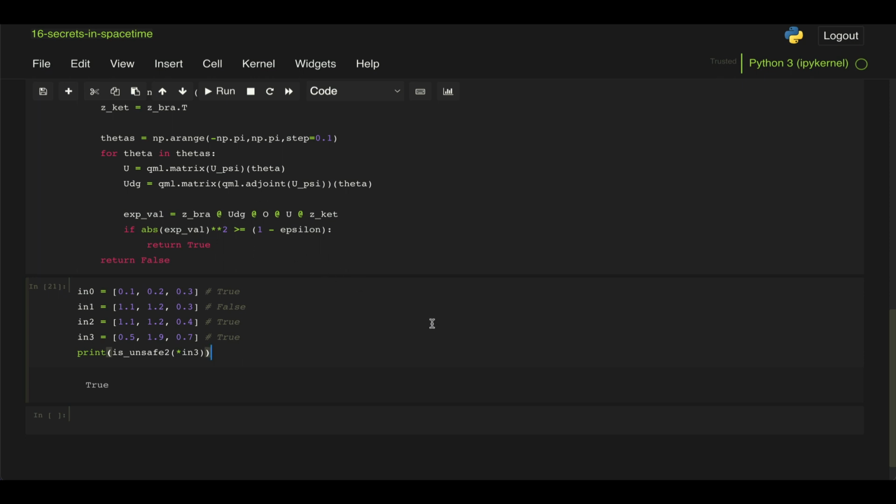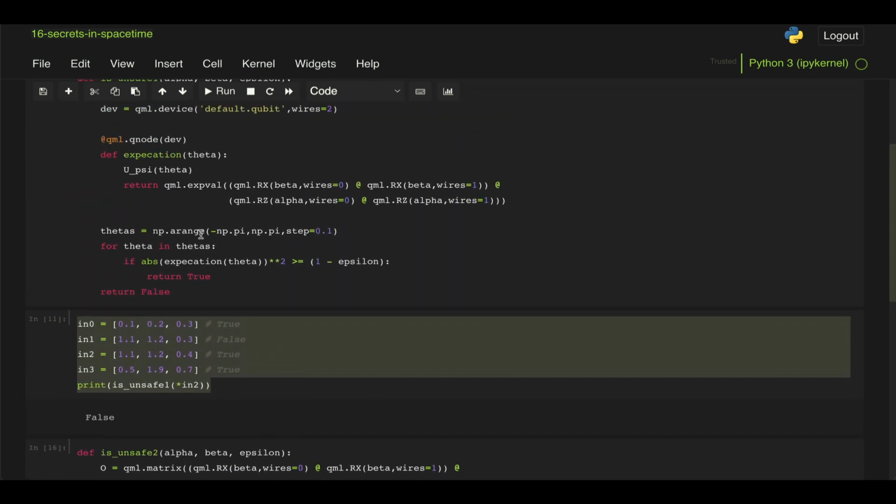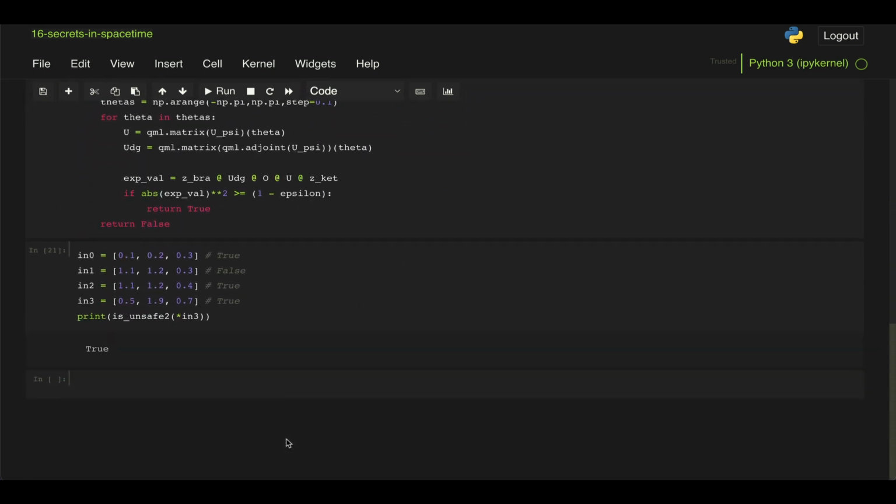Now, just to show you the difference between what we're computing here, which includes the expectation value of an operator that might not be Hermitian, with respect to what we did here using the QNode, which was ignoring the imaginary part of that, I just created a function that compares the two solutions and plots it for us.